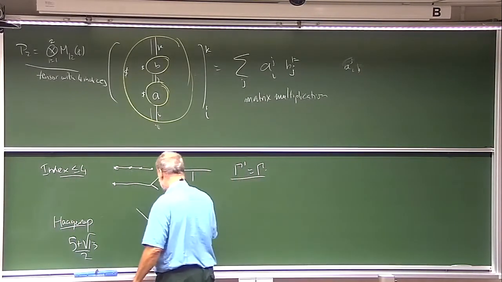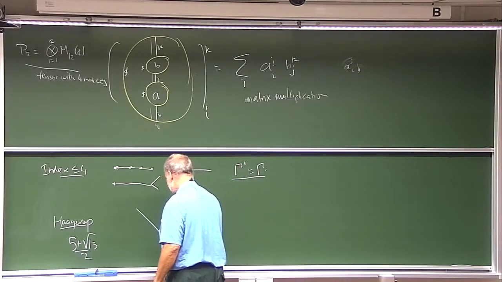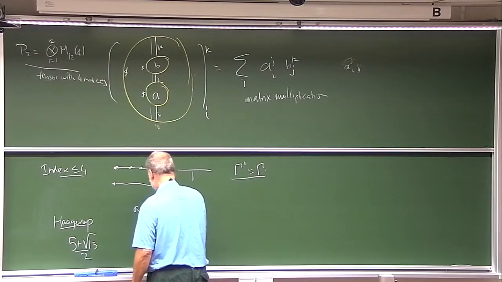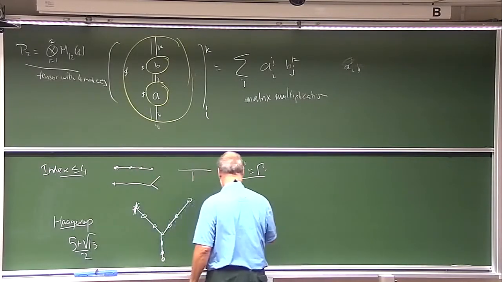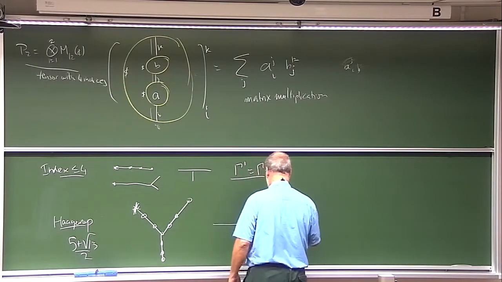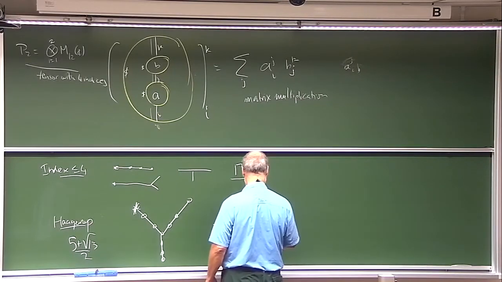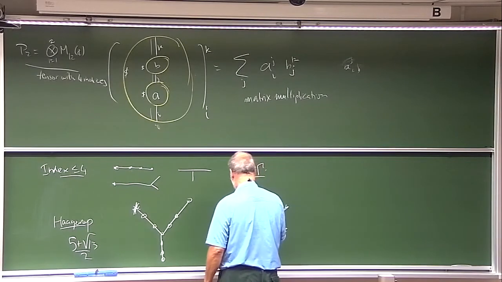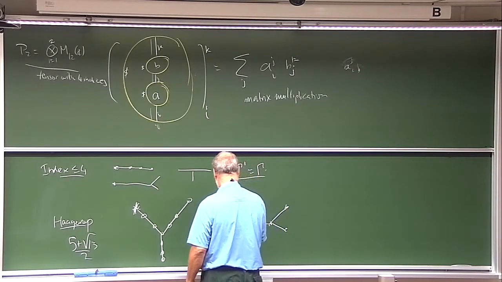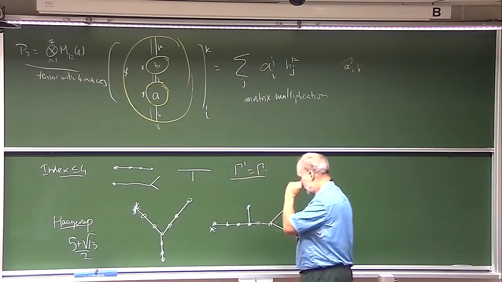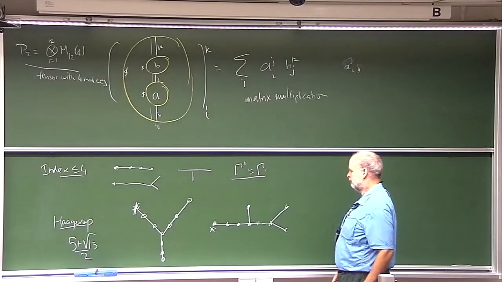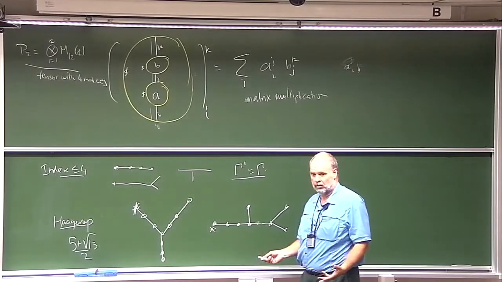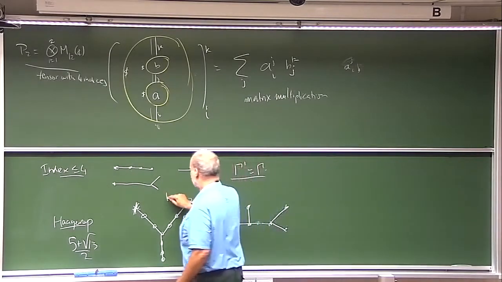There I drew two principal graphs. The star there and this one here. Well, these are dual. Okay, one of these is gamma, and one of these is gamma prime.